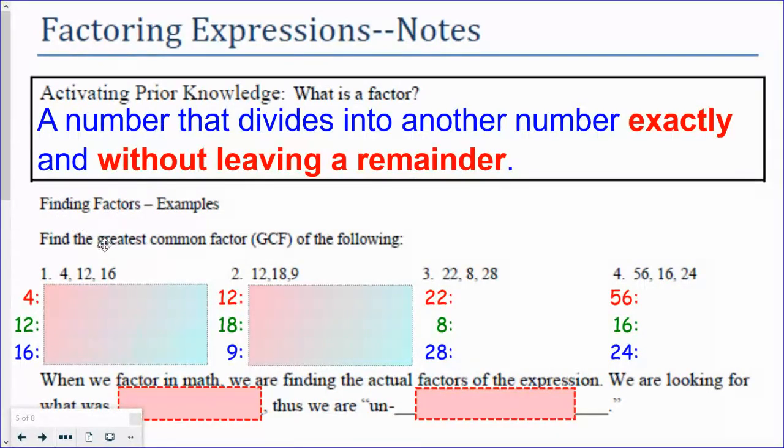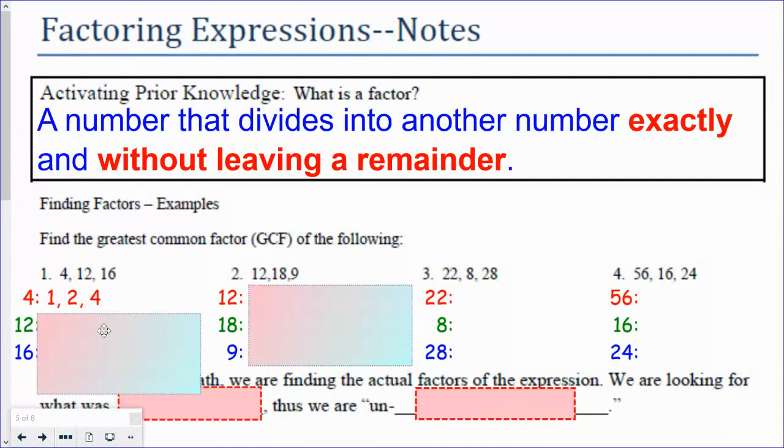Now we need to talk about how to find our greatest common factor, also known as your GCF. We're given 3 numbers and we need to find their greatest common factor. First, list what numbers are going to go into each.